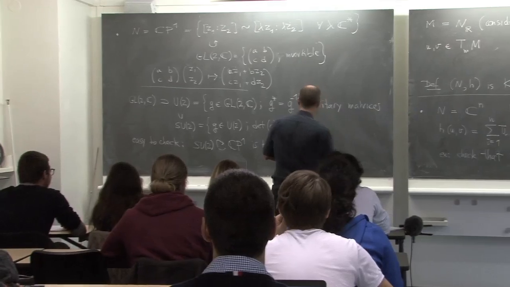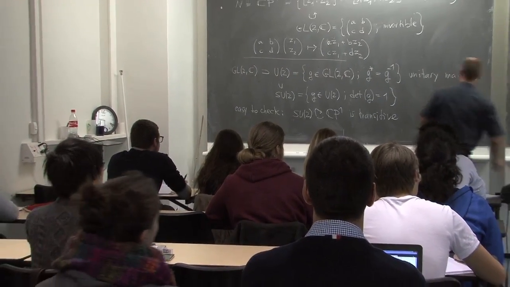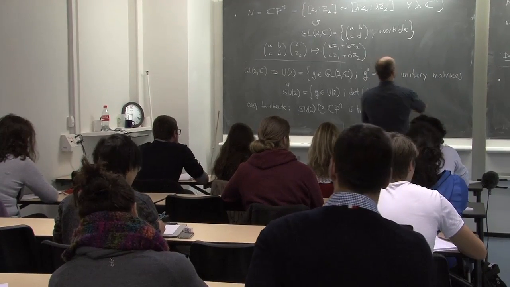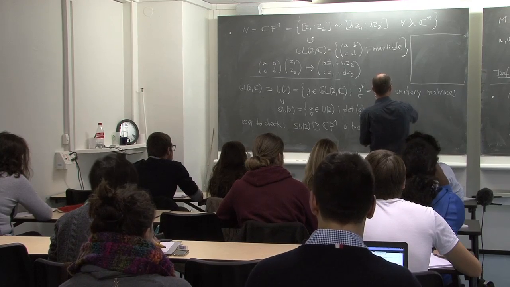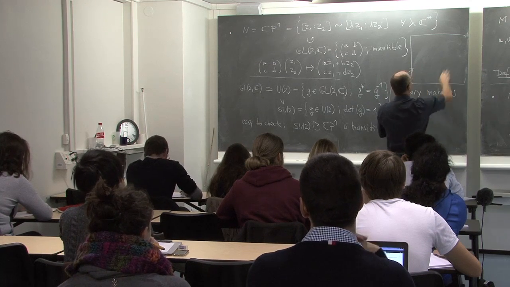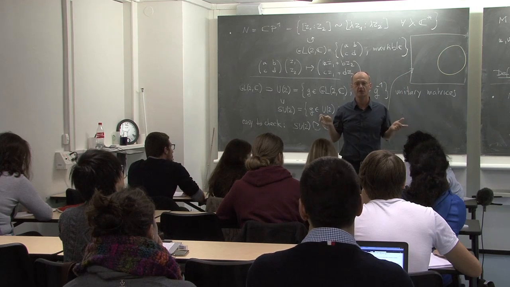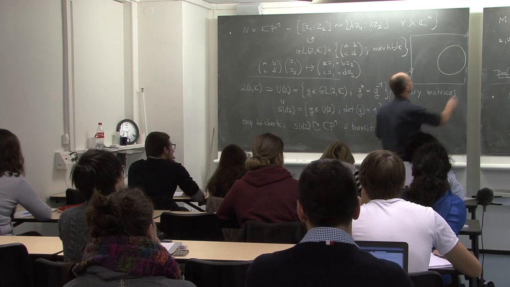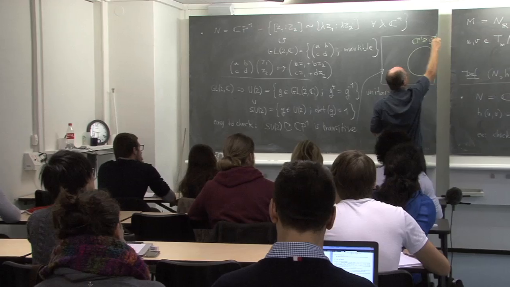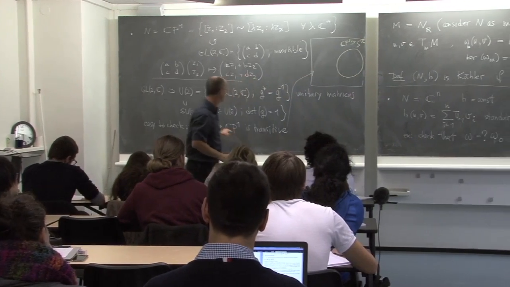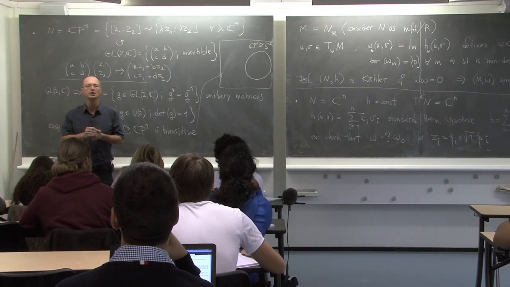So the picture that I want you to have, or one possible picture, of course there are many possible pictures, but one picture that I want you to have, and we're going to see it in more detail later: CP1 is a two-sphere, right? Especially if we think about it as a real manifold. Now this SU2, how does it act on a two-sphere? Rotation. Right, exactly.